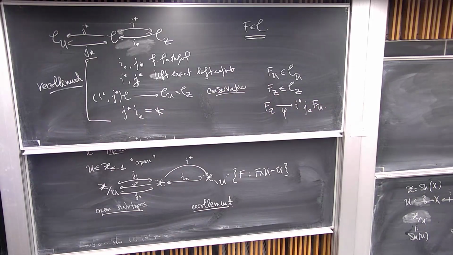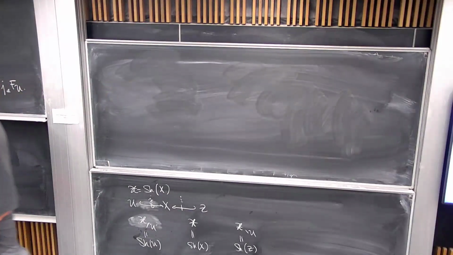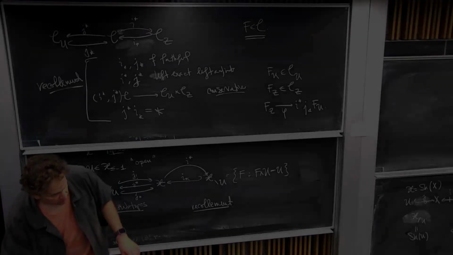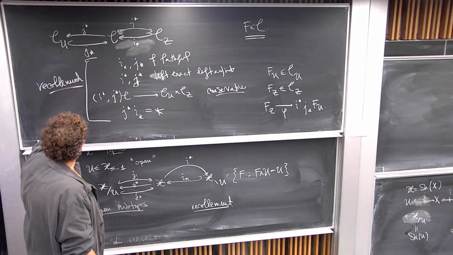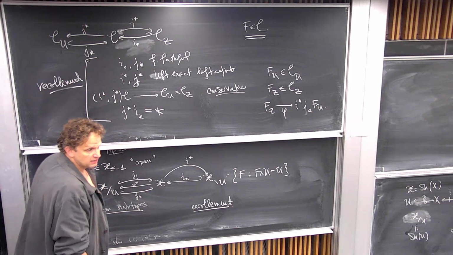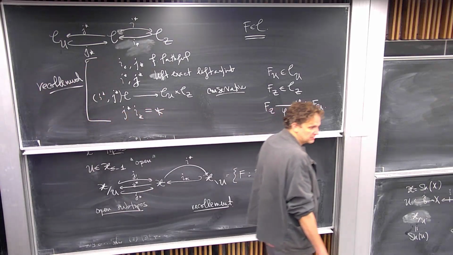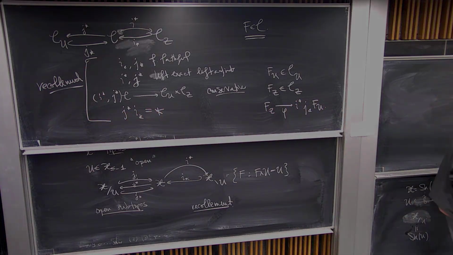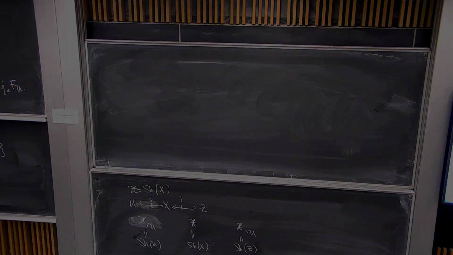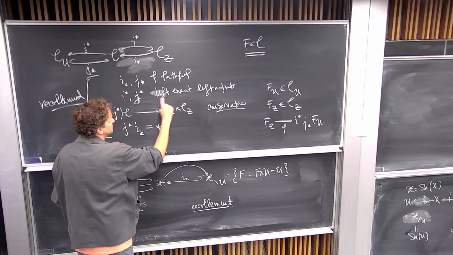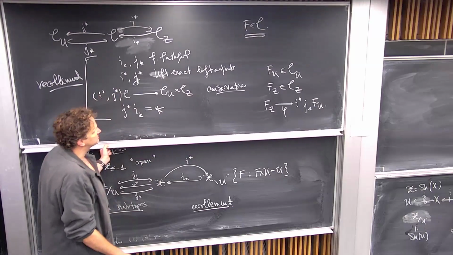We don't have to say too precisely, but what are you assuming about the category other than what you wrote? So I'm just assuming right now that these categories have all finite limits. I don't need to assume anything else. So they have a terminal object, which means that this makes sense. And they have finite limits, so this left exactness makes sense. And that's all I'm asking for.